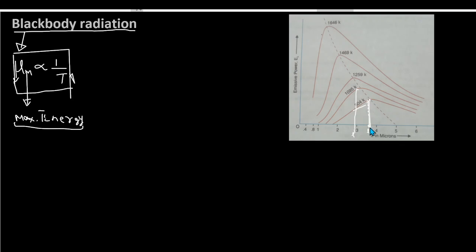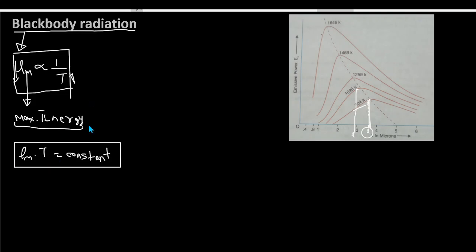So at 904 Kelvin temperature, lambda m multiplied by the temperature is equal to a constant. And this is the real form of Wien's displacement law, where lambda m is the wavelength corresponding to the maximum intensity.